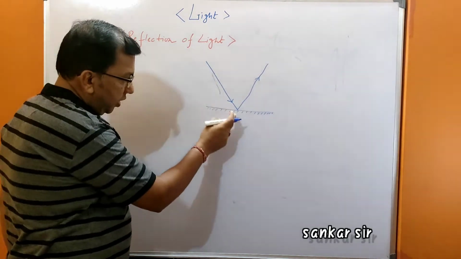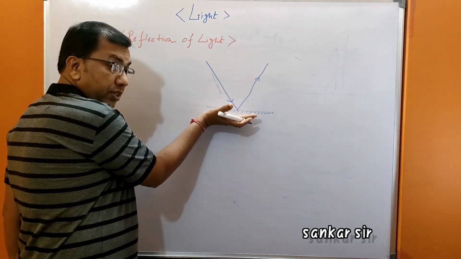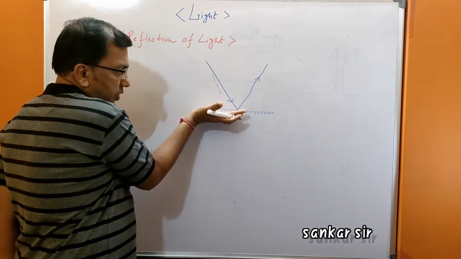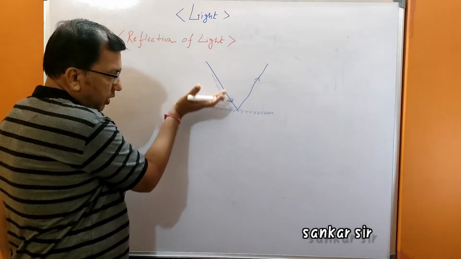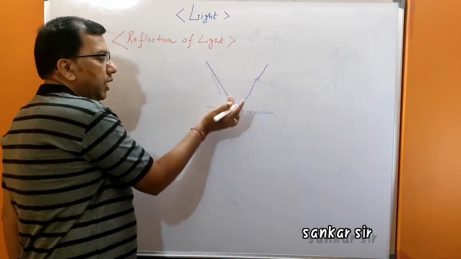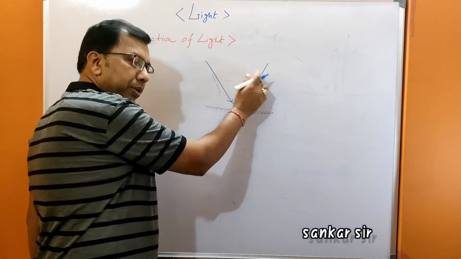So light comes here, hits the surface and returns back. There are two mediums, the first medium and the surface. The light comes in the first medium, strikes the surface and returns back in the first medium again.